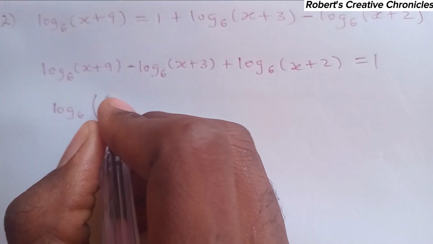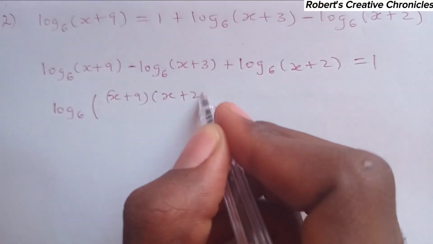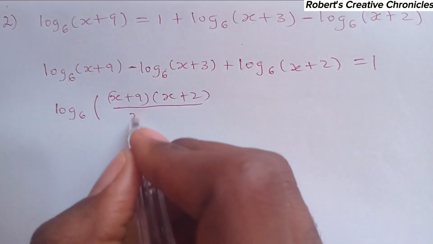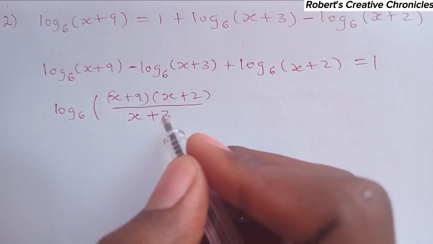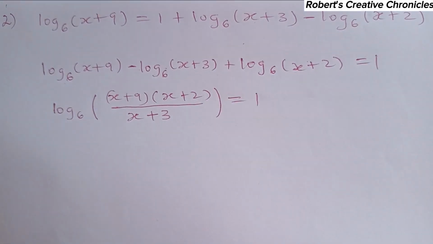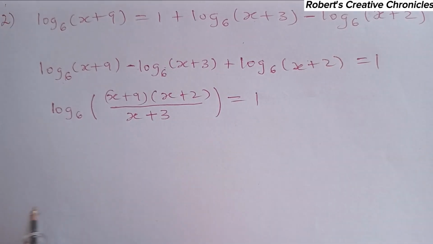So it will be x plus 9 multiplied by x plus 2, divided by x plus 3, equals 1.